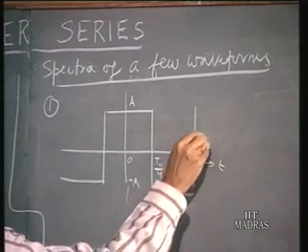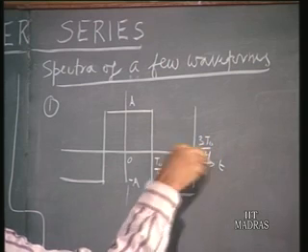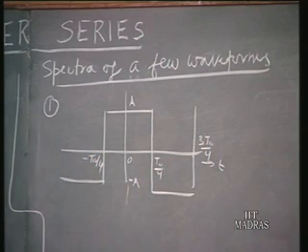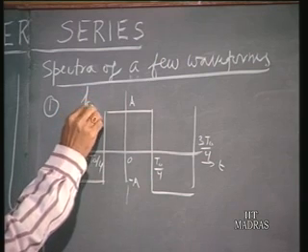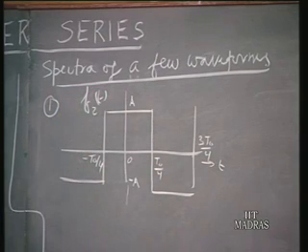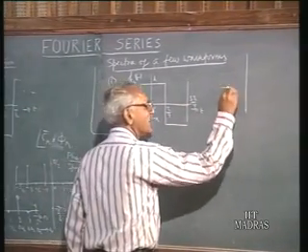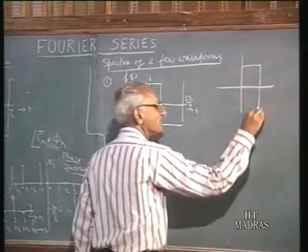This will be 3 T naught upon 4. This is minus T naught upon 4. Let me call this F2 of T if the original square wave that we have is F1 of T. That means for F1 of T, I am considering this to be F1 of T.